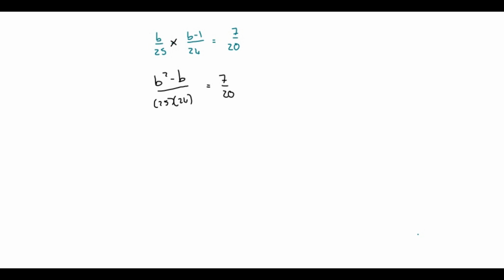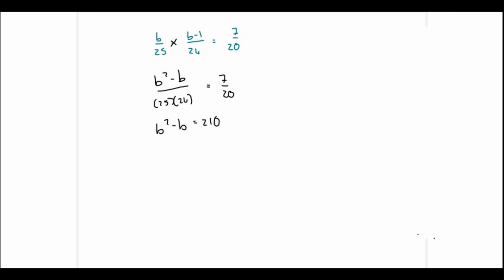To get b squared minus b alone, you multiply both sides by the product of 25 and 24, and we get b squared minus b equals 210. Whenever we see this square, we know it means trinomial. So we subtract 210 on both sides: b squared minus b minus 210 equals 0. As promised, trinomial equals 0.